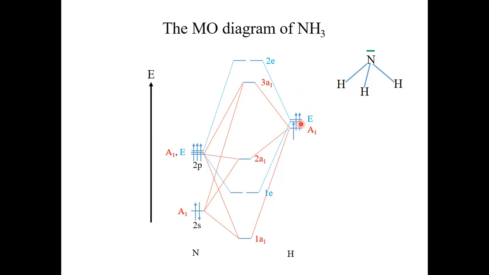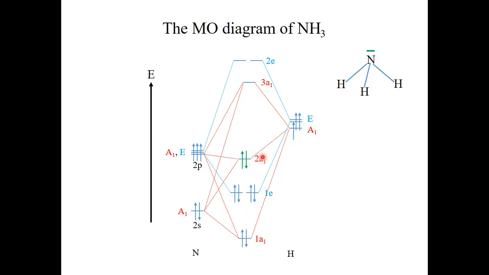and we have to fill them now according to energy into the molecular orbitals. So that fills this A1 with the first 2. That fills the first 1e. It fills the second 1e. Now we have 6. Finally, we will have also this molecular orbital. So that gives us 8 electrons.